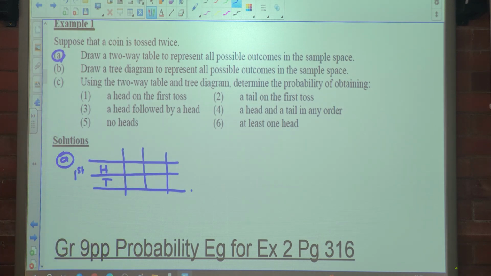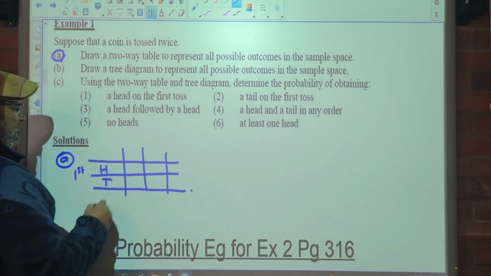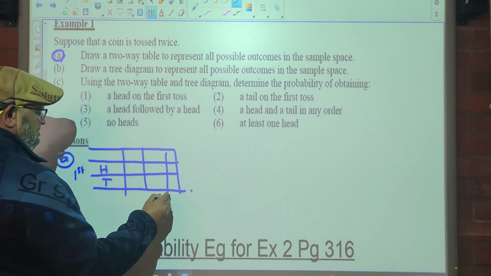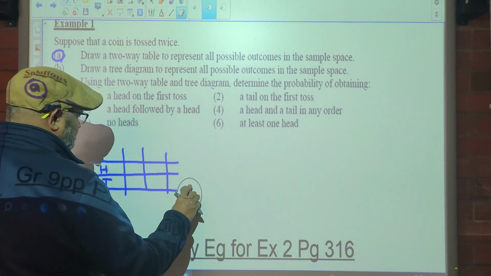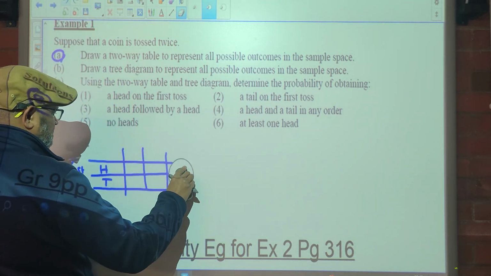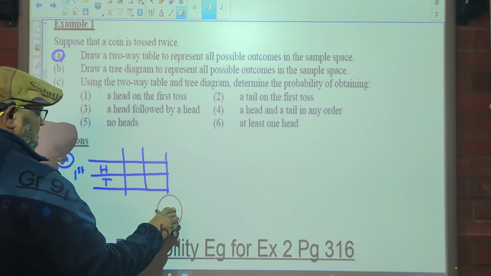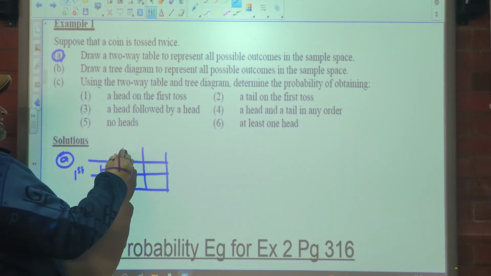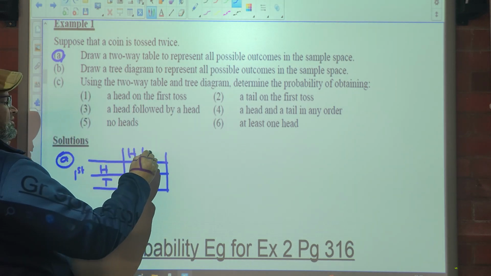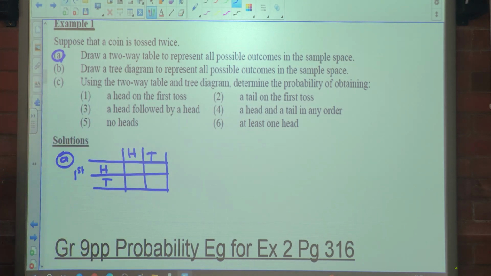Not so? On the second coin, what are my outcomes? I could either have heads or tails. Not so?